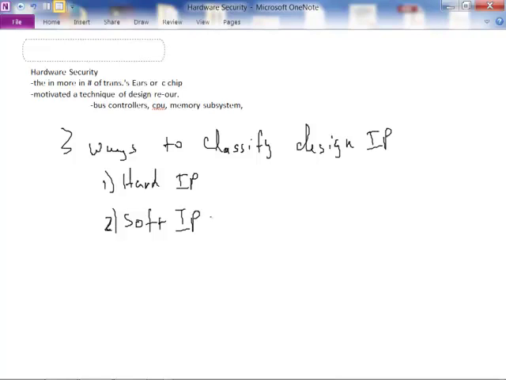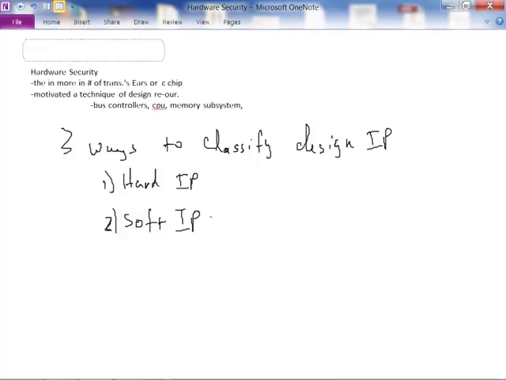And since you're getting the HDL description, you get more design flexibility. But what you're giving up is predictable performance, right? Because you can modify the HDL, and since it's not already synthesized and routed and delivered as an unalterable unit, for this flexibility you're getting some potential unpredictability.